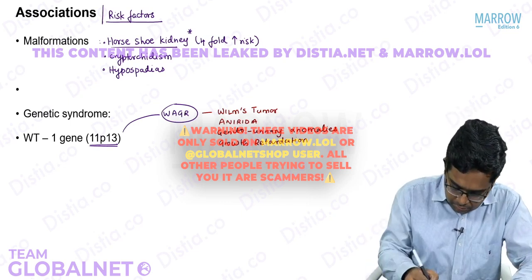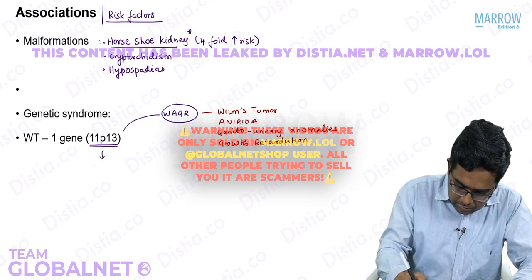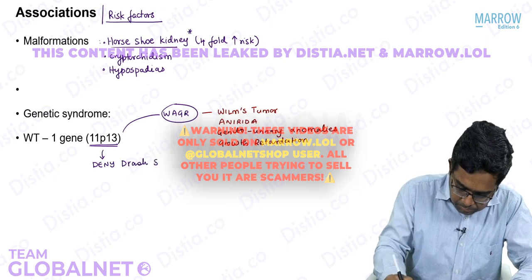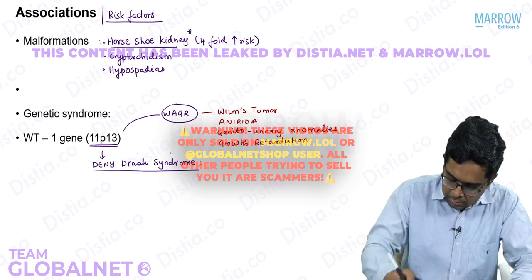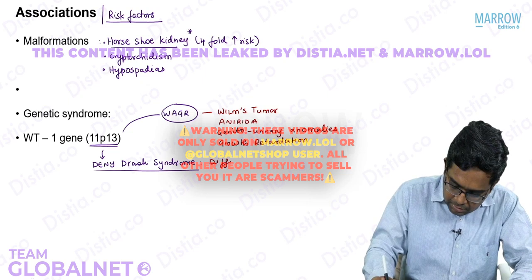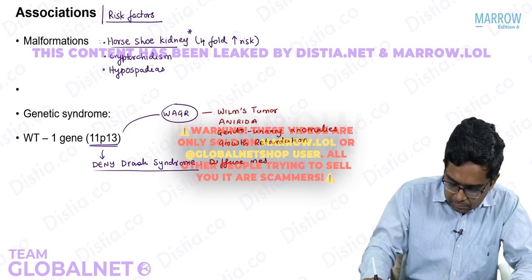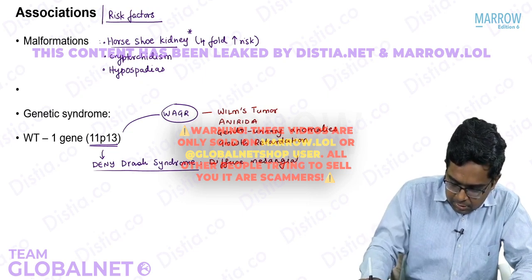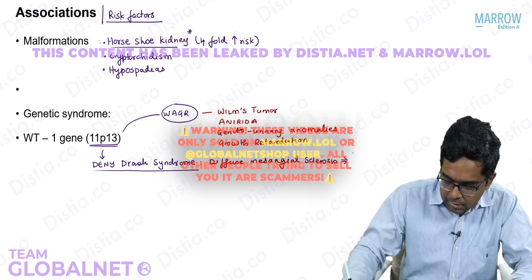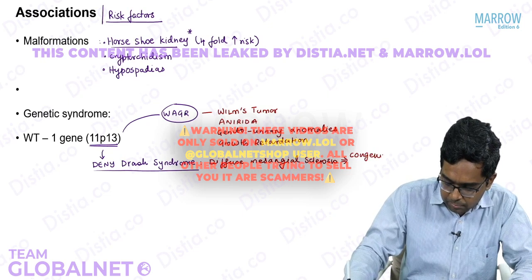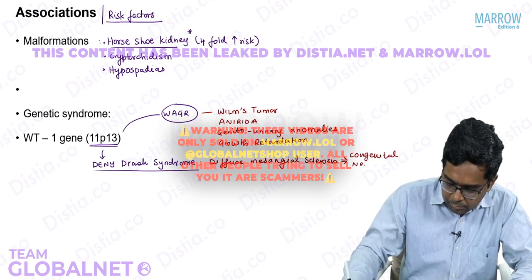Next important association for WT1 gene is Denys-Drash syndrome. This is a condition which is characterized by diffuse mesangial sclerosis in the kidney. And this condition usually presents as congenital nephrotic syndrome, the congenital form of nephrotic syndrome.